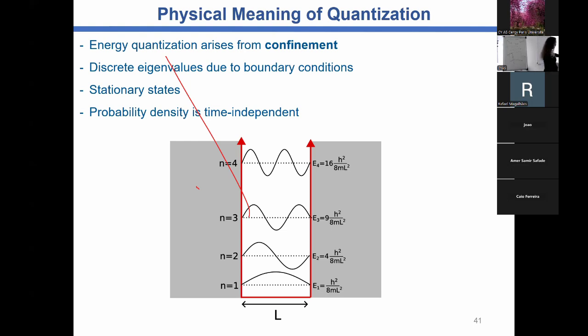So if we have this, it's like the string, and when we shift the frequency of the vibration, we can have this specific energy that is correlated to the electron inside this potential barrier, and the electron can have just discrete eigenvalues.